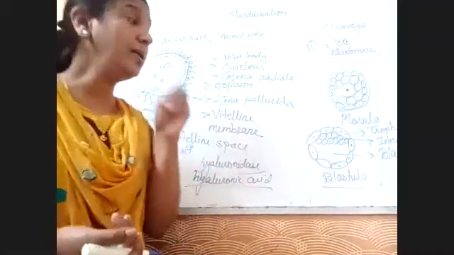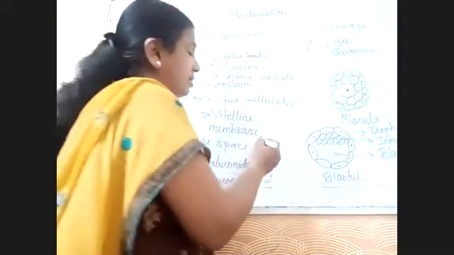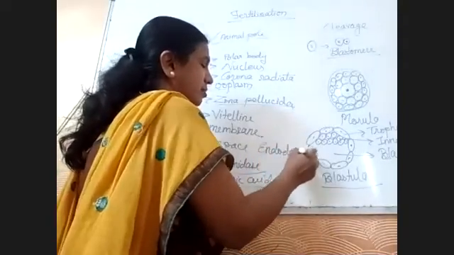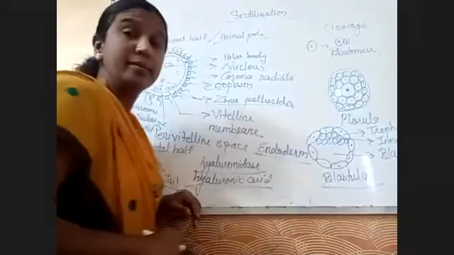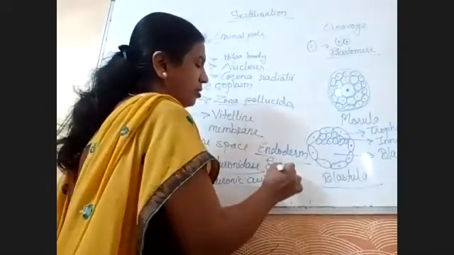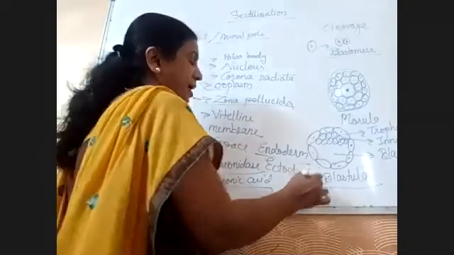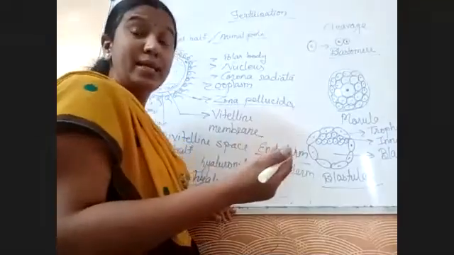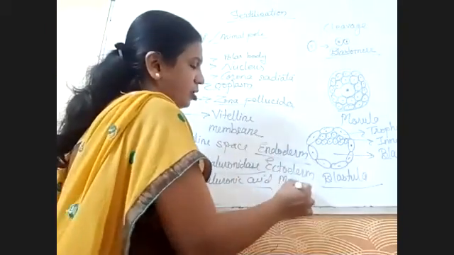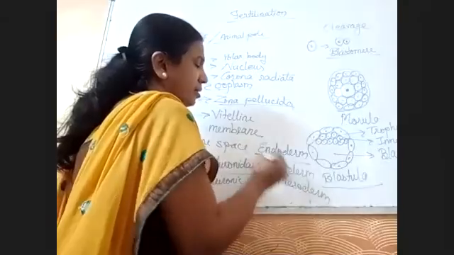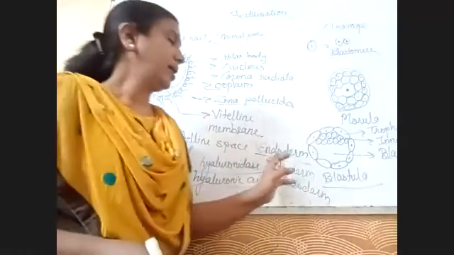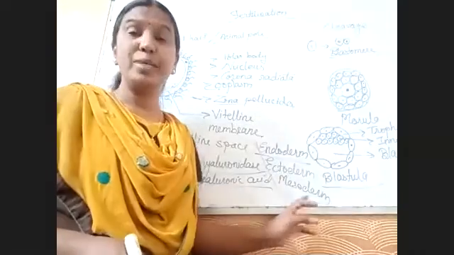The first ring which is formed is called the endoderm. Then the second ring which is formed is called the ectoderm. And finally, the inner cell mass will form the mesoderm. Like that, 3 germinal layers will be formed: endoderm, ectoderm, and mesoderm.